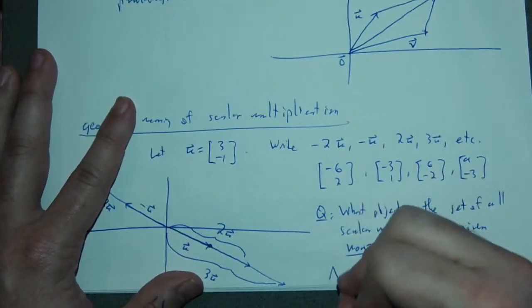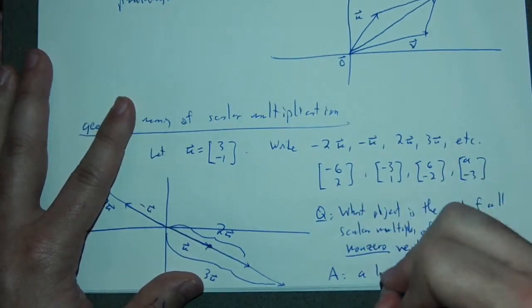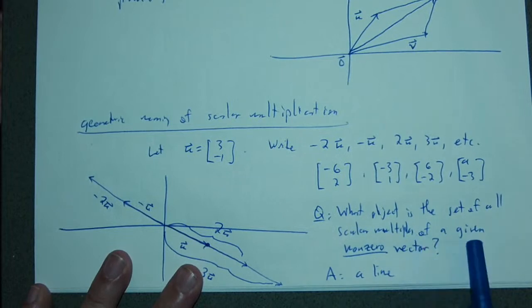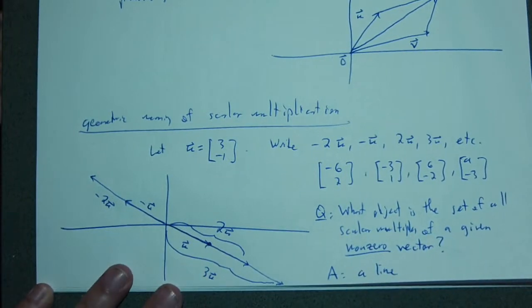And the answer to that is a line, as you can see here. So I could do this just using integer multiples of a vector, but of course you're allowed to multiply by any scalar, so you don't have to restrict yourself to integer multiples here. So what object is a set of all scalar multiples of a given non-zero vector? It's a line like this.